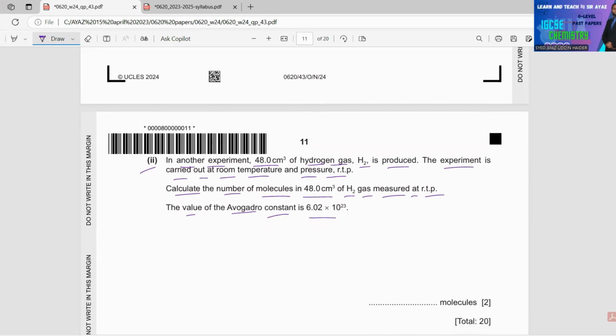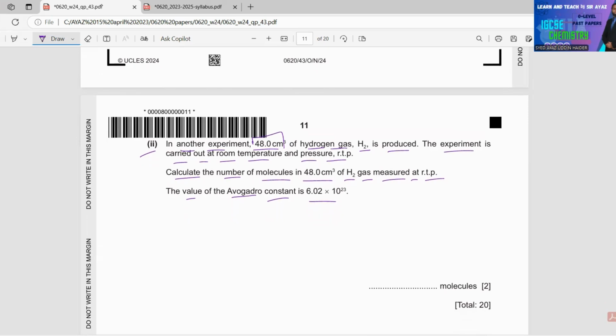So in this, first of all, we need to convert the volume of hydrogen into moles. And they have provided 48 cm³. So you know that at RTP, 24,000 cm³ is the volume occupied by 1 mole of any gas.